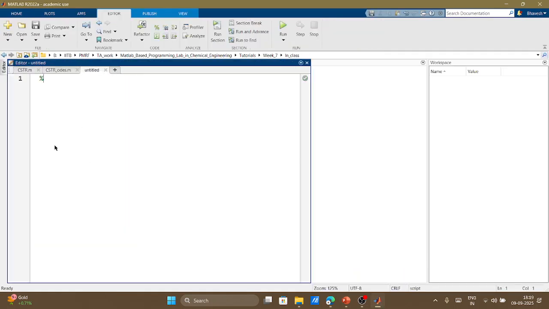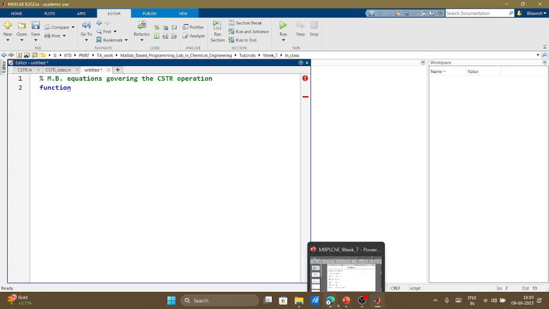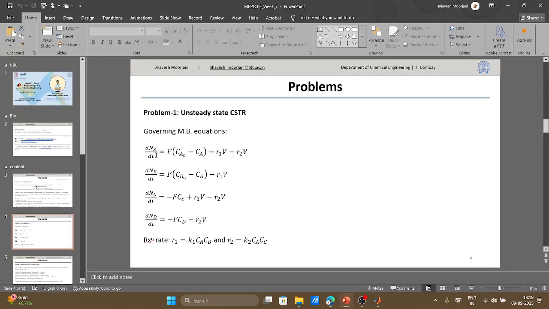So first, the mass balance equation governing the CSTR operation. So it's a function. What we will get as the output of this function? The output of this function should be with respect to t and n, right?